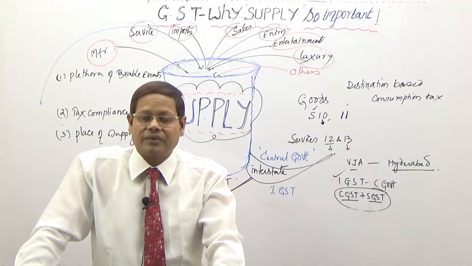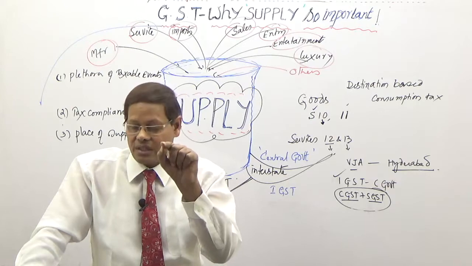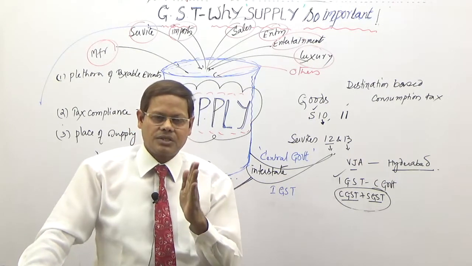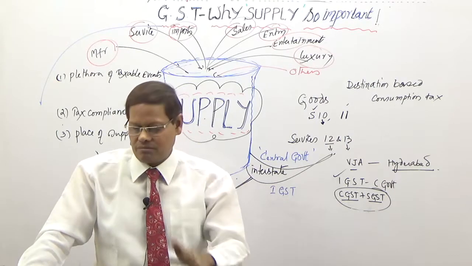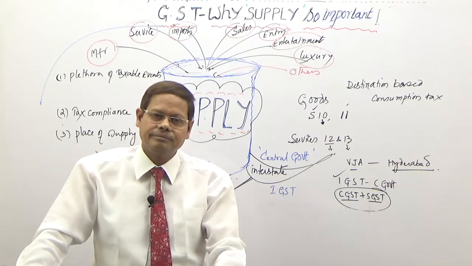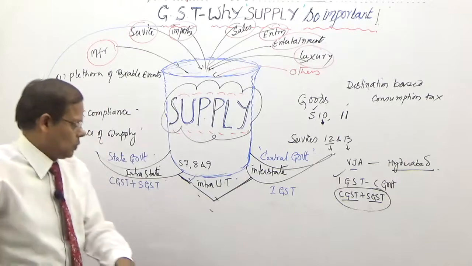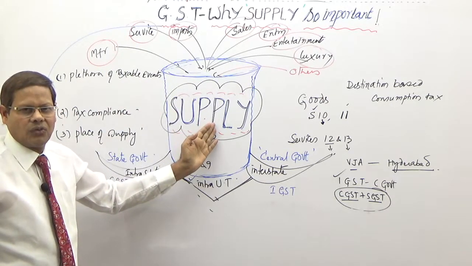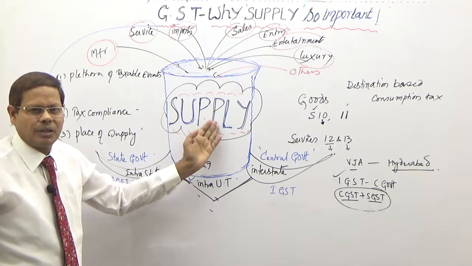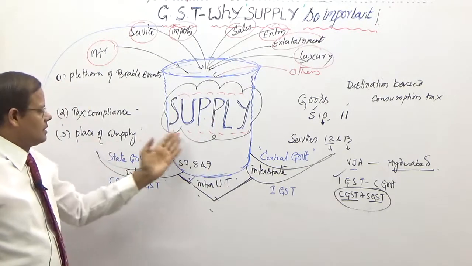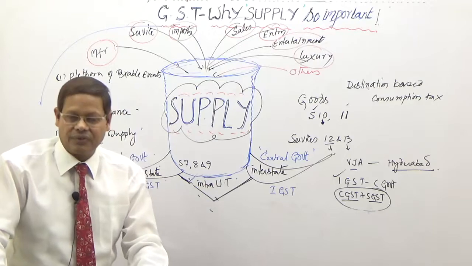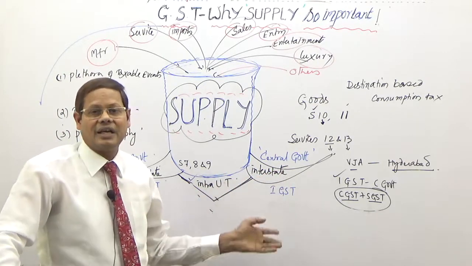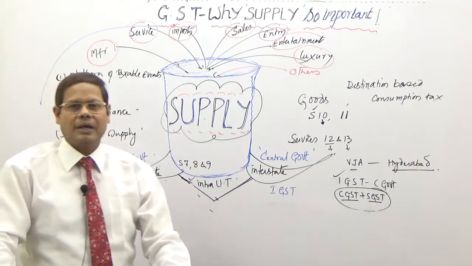These are like point of taxation rules that determine the timing of levy. So when should a charge be made, point of taxation. So, for supply to be a taxable event, there is determination of nature of supply, determination of place of supply, and then determination of point of supply.